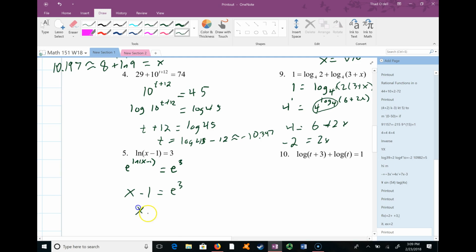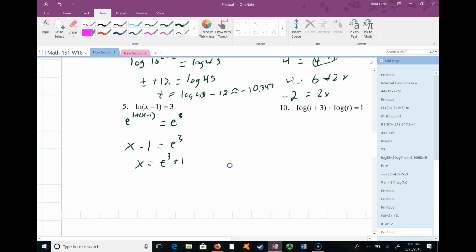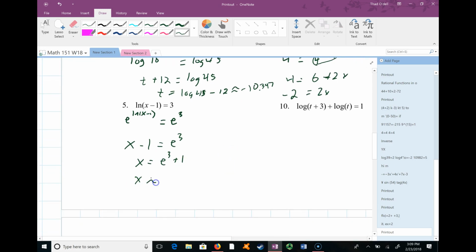Add 1 to both sides and we get x equals e to the third power plus 1, which is approximately 21.086.